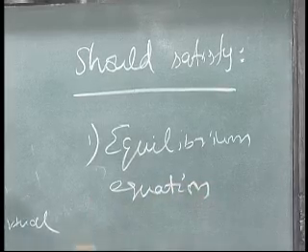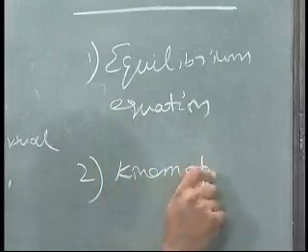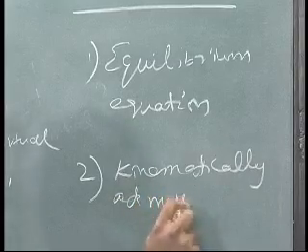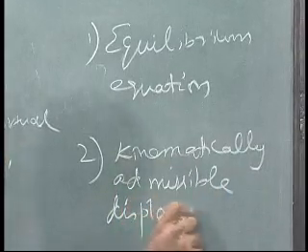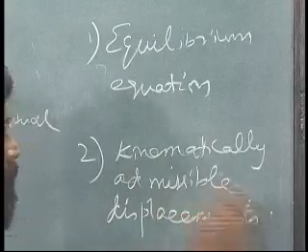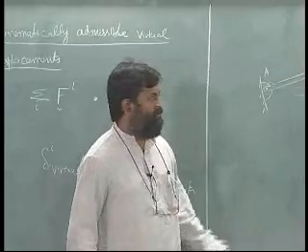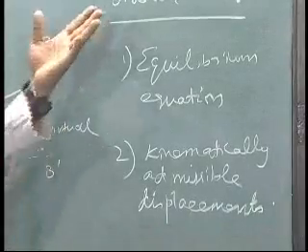The other is what we call kinematically admissible displacements. In a virtual work principle, what we do is we assume one of them and look for the other.